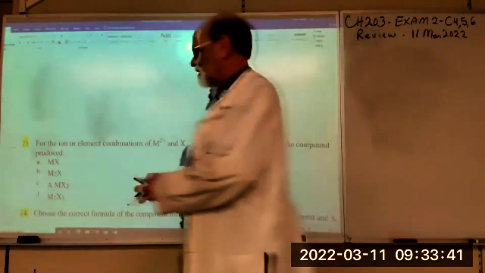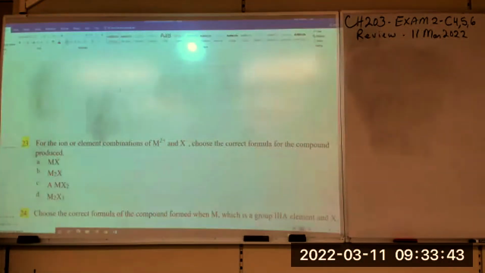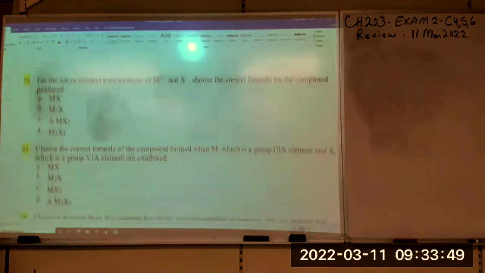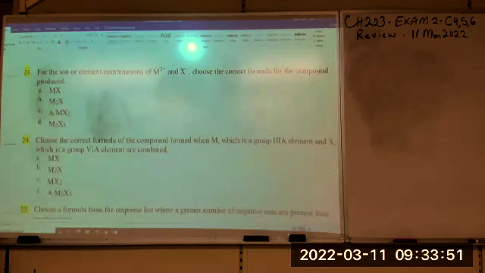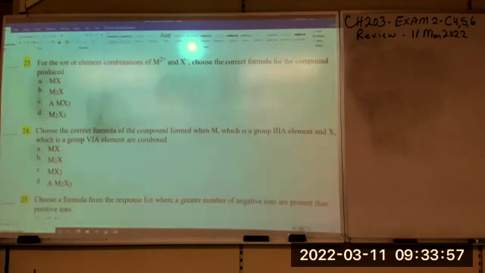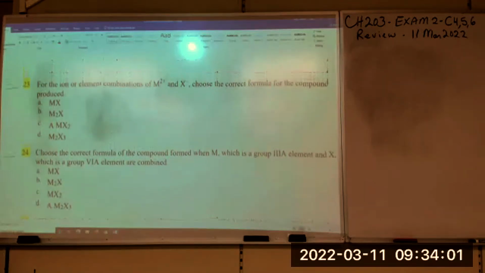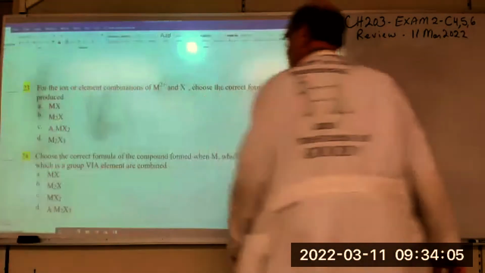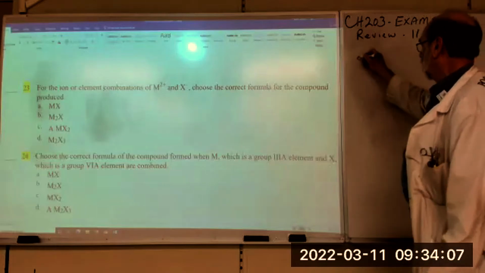Okay, let me scroll that one so we can pick up 2 of them. See if I can do this. 25 is off screen, so when I page it, it'll come up right. 23.